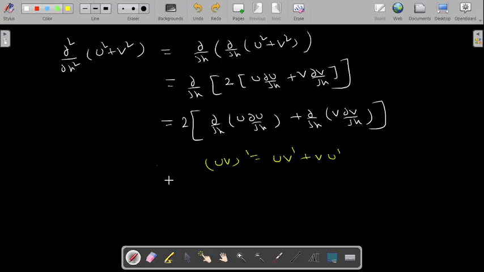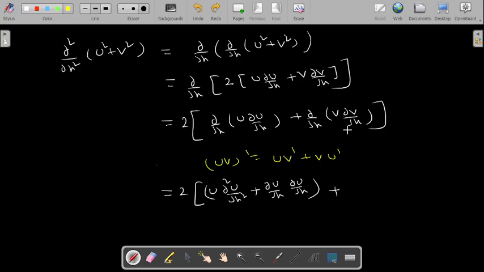So now 2 into u, as it is, times the differentiation of ∂u/∂x, which is ∂²u/∂x², plus ∂u/∂x times the differentiation of u, which is ∂u/∂x. Next, plus, come to this one. Again this is u, this is v.